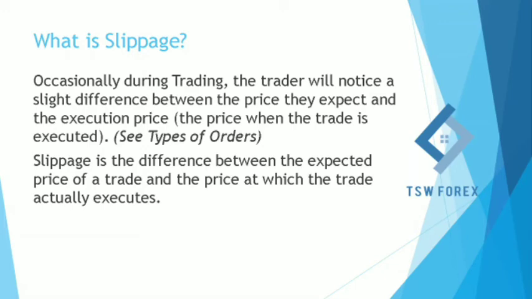For example, you wanted to buy at 1.1650 and the market was in an uptrend, so you had a buy stop order, and instead it was executed at 1.17. That's a big difference. That is what slippage means. The price that you wanted to execute at is not the price that you get.